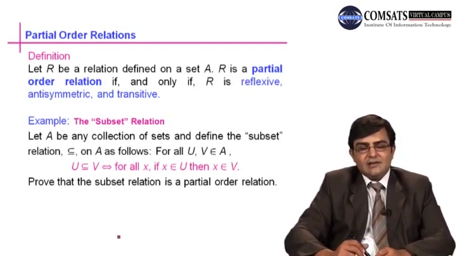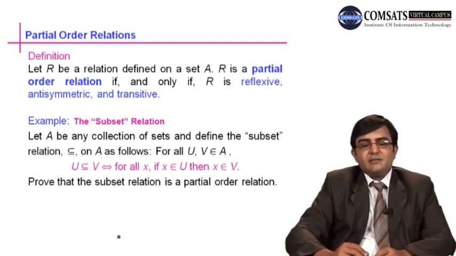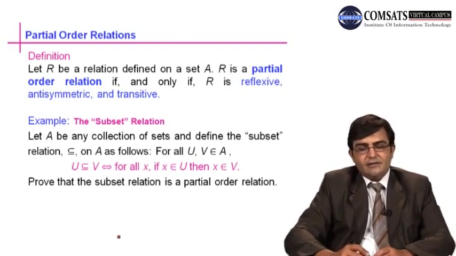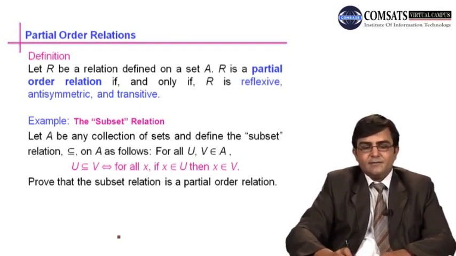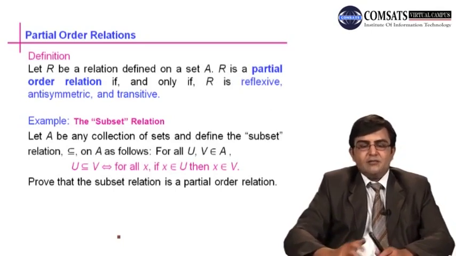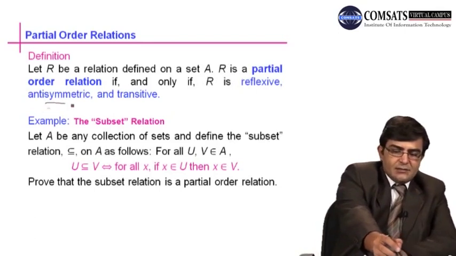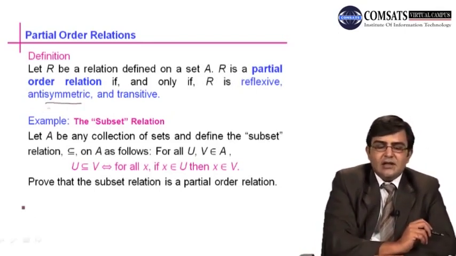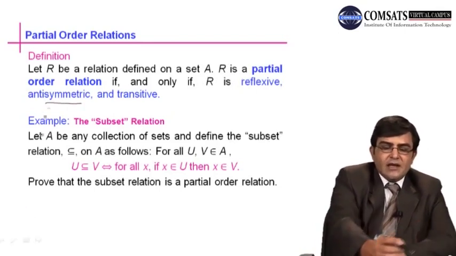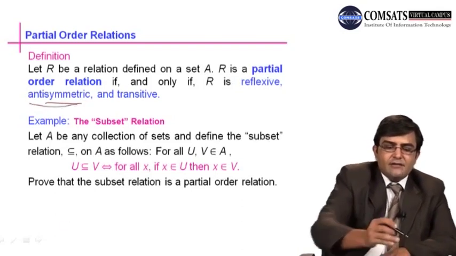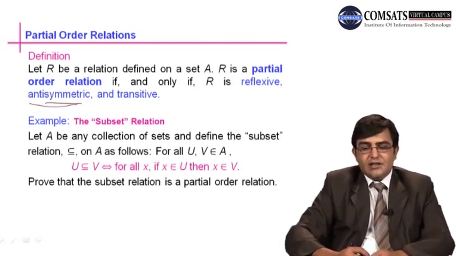Now for partial order relations, a relation R on a set A is said to be a partial order relation if and only if R is reflexive, R is antisymmetric and R is transitive. So we have changed only one condition here: in an equivalence relation we have symmetric, in the partial order relation we have antisymmetric. The relation R must be antisymmetric.